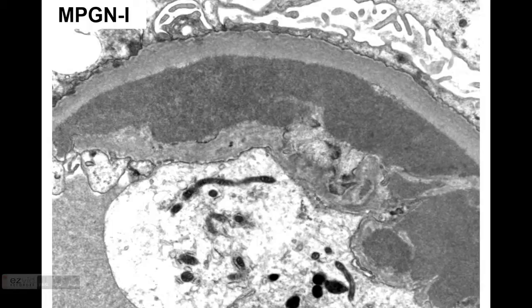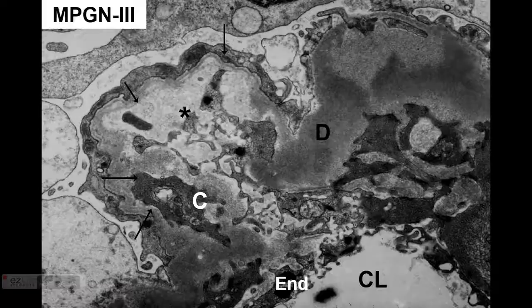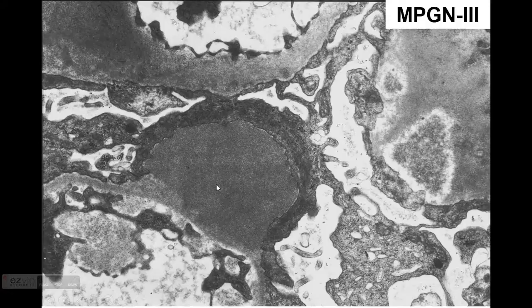By electron microscopy, when you see only subendothelial deposits, you will say it's MPGN type 1. If you see this kind of intramembranous deposition, it would be type 2. And if you have these membrane defects, like for example here, you will call that Strife-Enders variant or type 3. And another one is Burkholder variant, where you have subepithelial deposits.